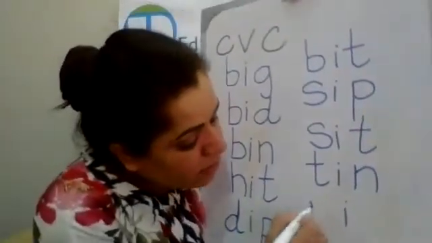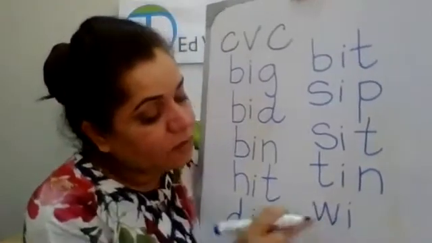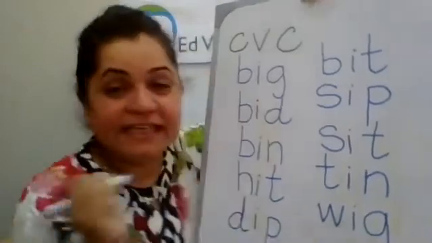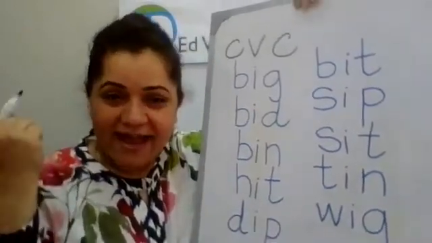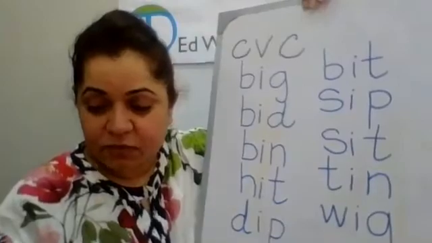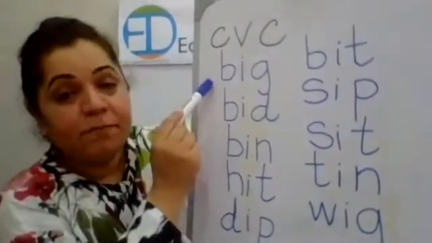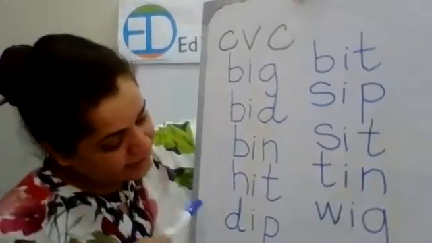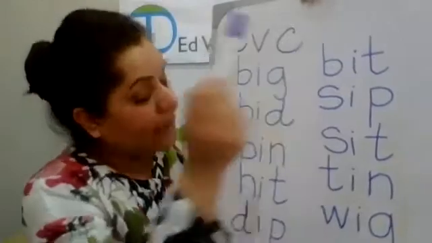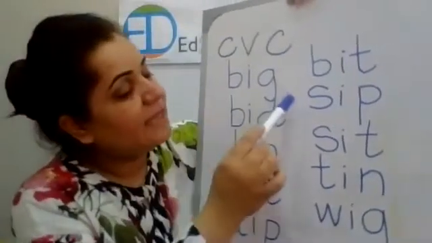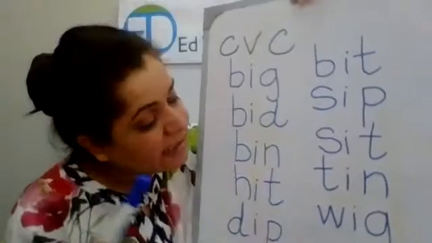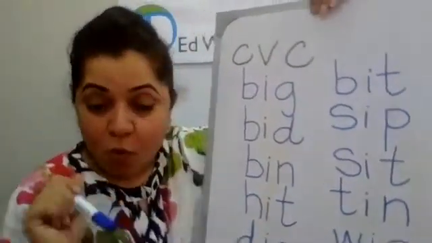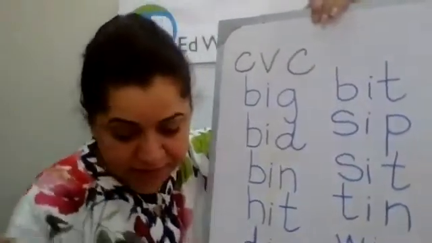Okay, W. W, I, G. Wig. Wow. So let's see how many words we have made. B-I-G big, B-I-D bid, B-I-N bin, H-I-T hit, D-I-P dip, B-I-T bit, S-I-P sip, S-I-T sit, T-I-N tin, and W-I-G wig. That is great.